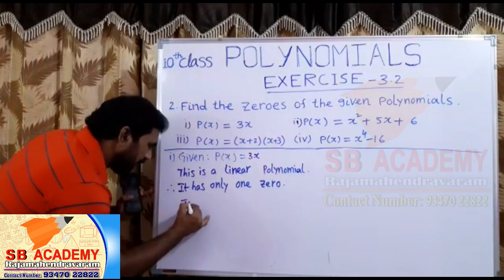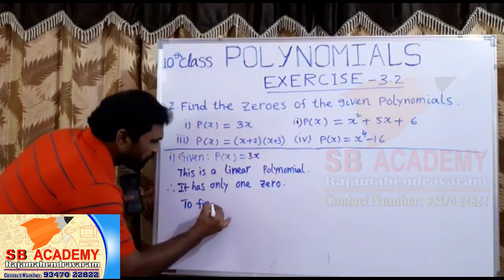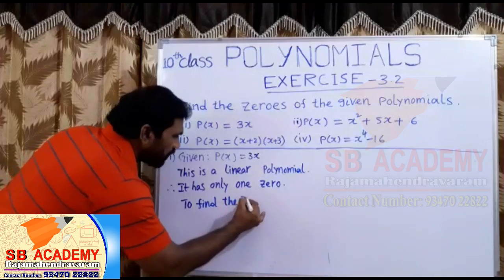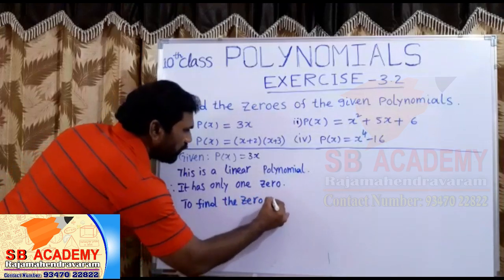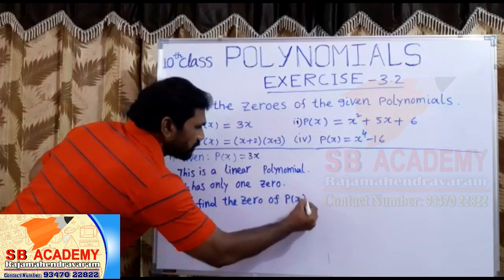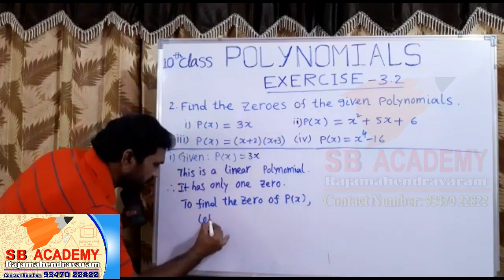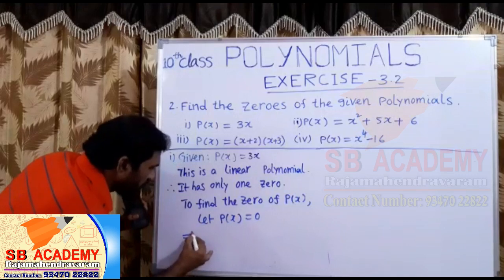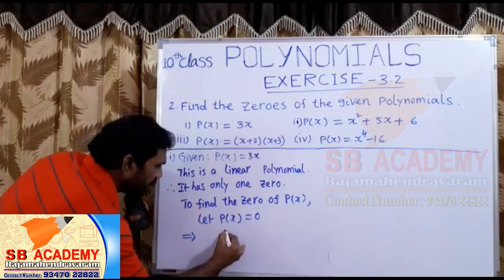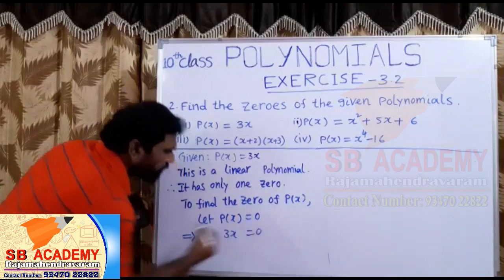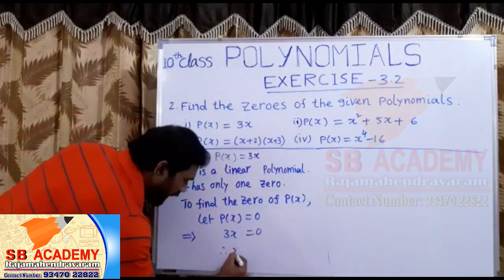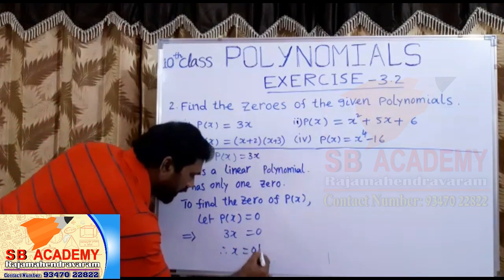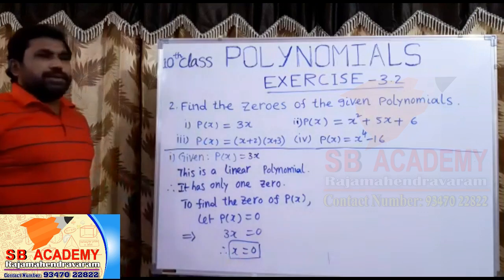So to find the zero of p of x, let us assume p of x equal to 0, which implies 3x equal to 0. Therefore, x equal to 0 by 3 is equal to 0.